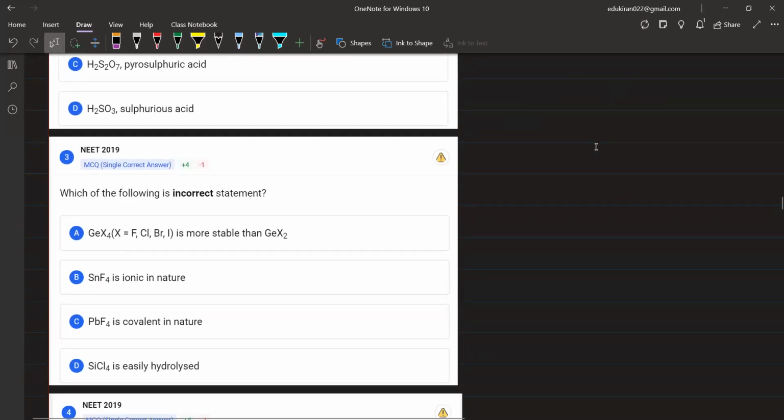Try this one. The following is an incorrect statement. These are in the same group.